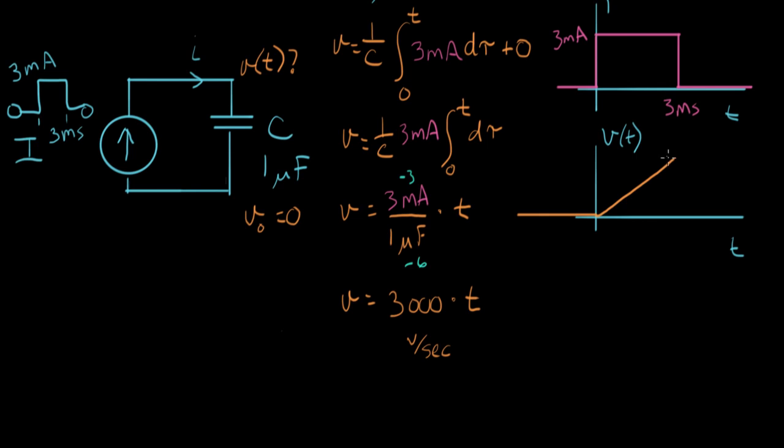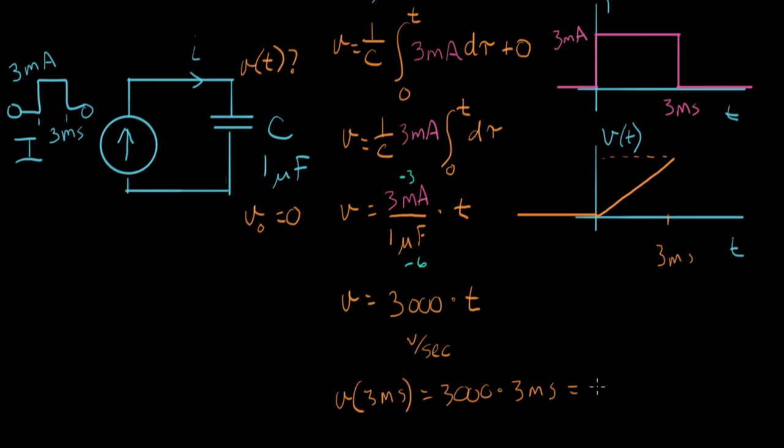And we can ask, what's this value right here? What's that voltage right there? Okay, let's work that out. T is 3 milliseconds. So let's plug in 3 milliseconds right here. So V at 3 milliseconds equals 3,000 times 3 milliseconds.